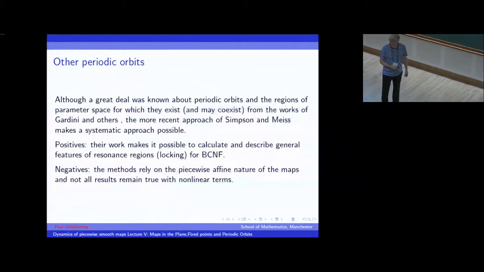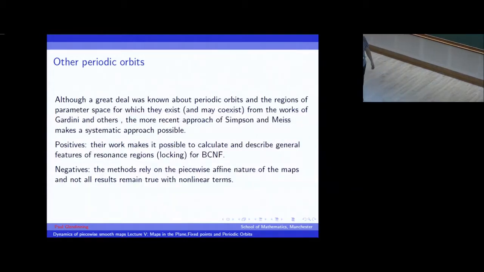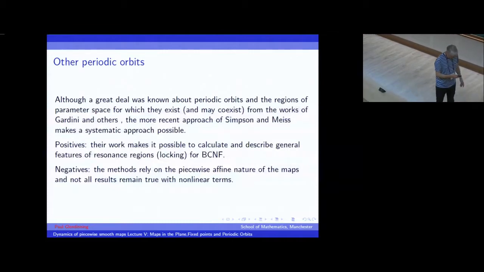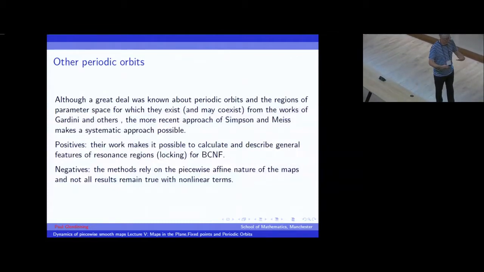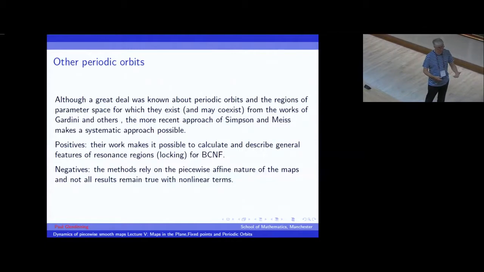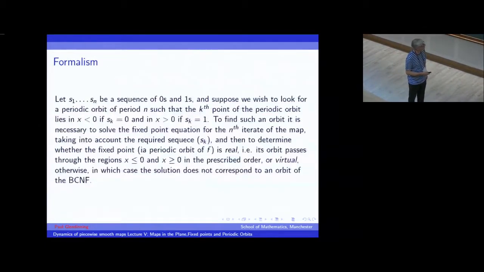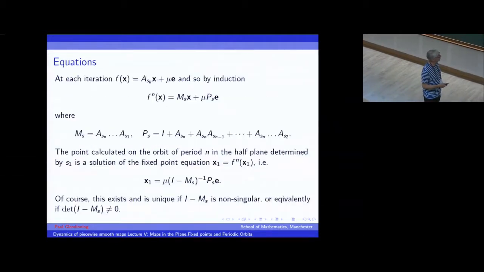What David did, I guess your thesis, was to produce a systematic approach which allowed you to understand some of these features without having to go, to some extent, into great detail, but equally just to understand the principles that were going on. Okay. So I'm not going to go through the detail. These notes will be available next week or something, so if you want to look at the detail, you can.